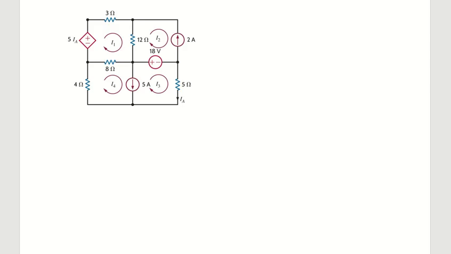You can assume counterclockwise or clockwise, but you have to be consistent. If you assume counterclockwise, you have to assume the direction of the current in all meshes counterclockwise. If it's clockwise, all the meshes the same thing. So here I have 4 meshes. Let's start with mesh number 1.